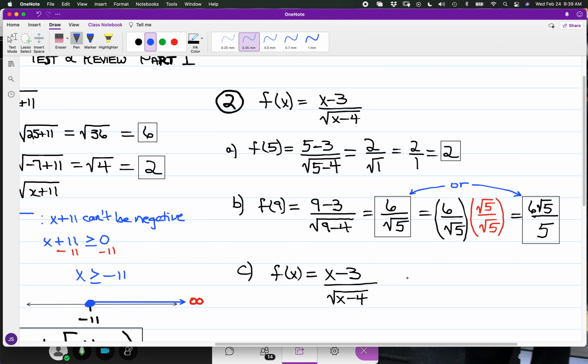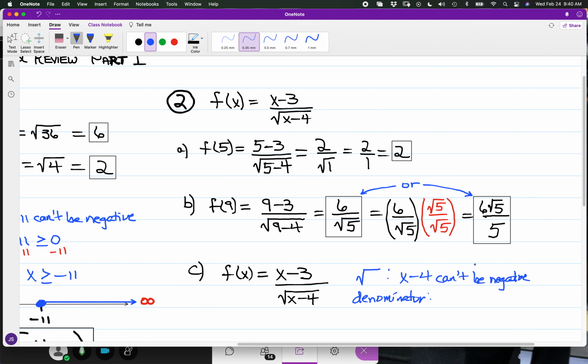So here we're going to have a twofold restriction. First of all, because we have x minus 4 inside the square root, x minus 4 can't be negative. And because we have x minus 4 in the denominator, x minus 4 cannot be 0 either.